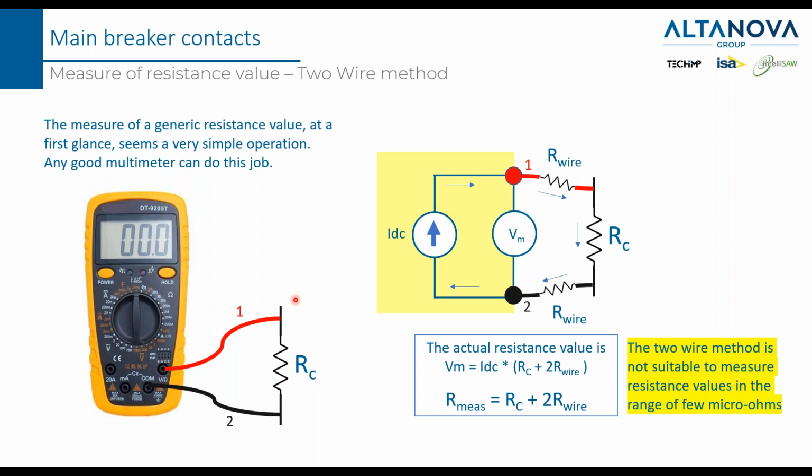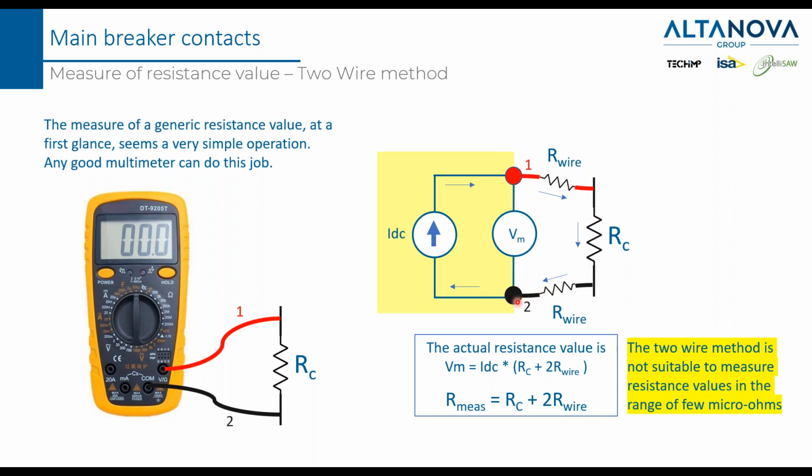But there is a problem with this method. So look at this yellow square. This represents the multimeter. In order to measure the resistance, the multimeter will apply a very small current that goes out from these 2 plugs. This current will flow into the resistance, but also into the 2 wires, of course.